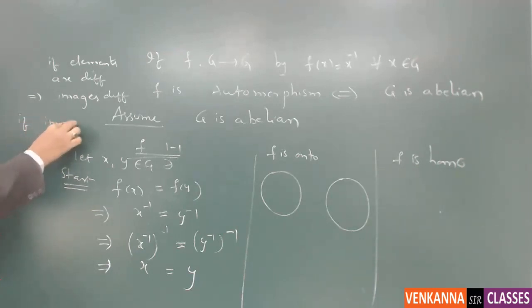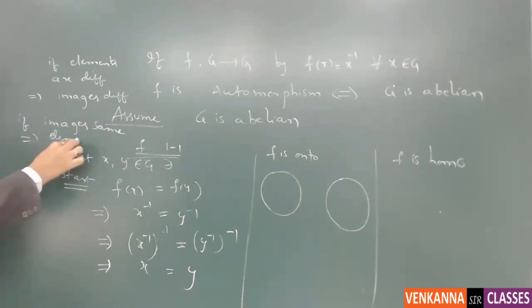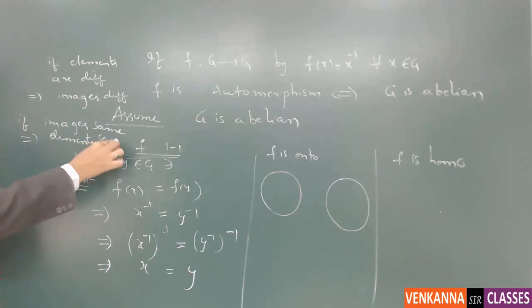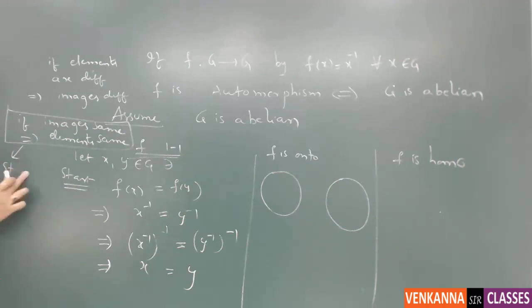If image is same, then element same. Right? So this is the strategy to prove. So this is a strategy while proving F is 1-1. Clear to all?